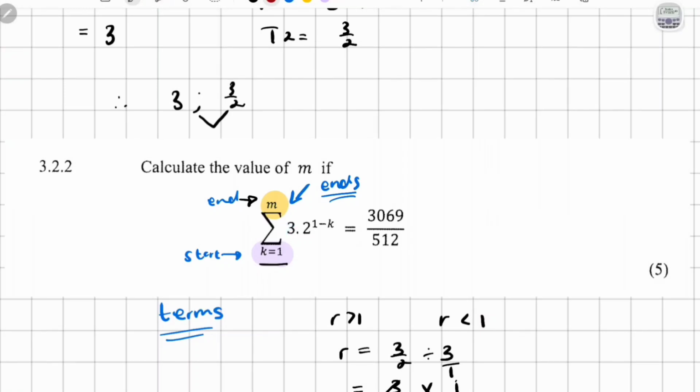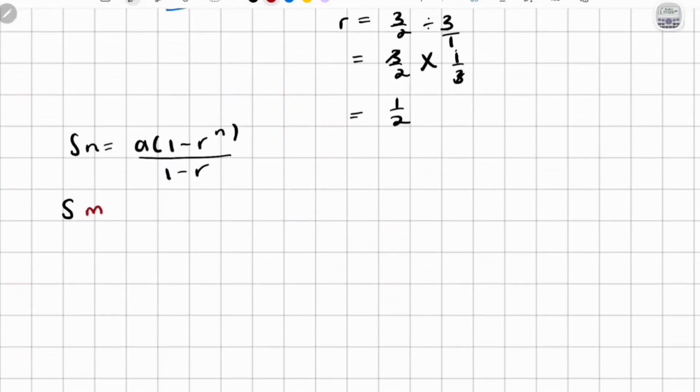When given the series in sigma notation, to find the amount of terms, you say the top number minus the bottom number, and then you add 1. If we do that here, it's going to simplify to m still. So m, the top number, minus the bottom number, which is 1, plus 1, you see that 1 and negative 1 cancel, and you're left with m.